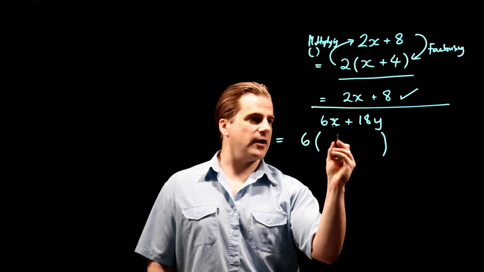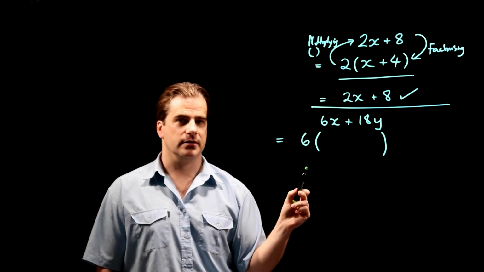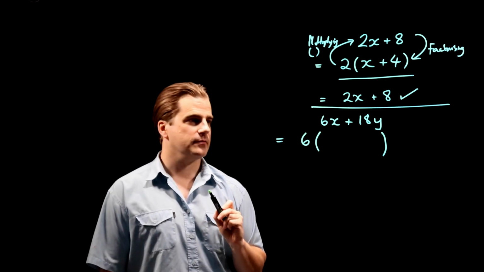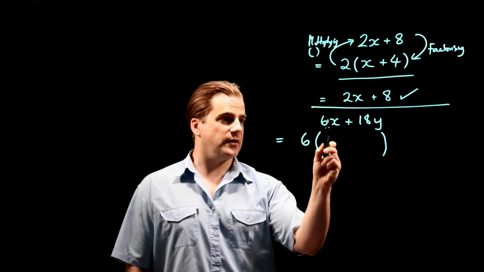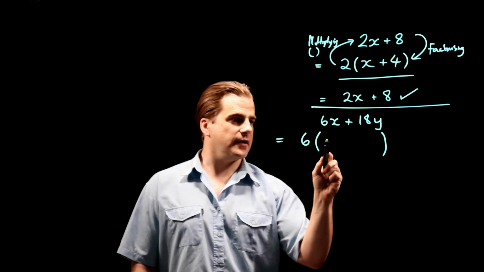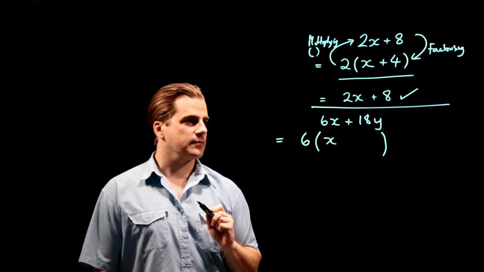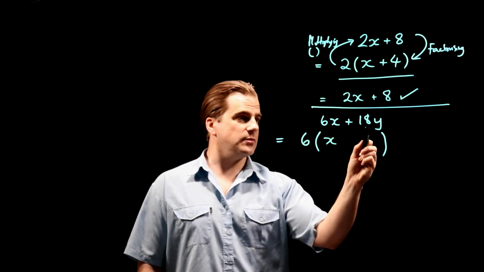Then you look at the variables, x and y. They're different. They have no common factor. So we finish pulling stuff out. It's only 6. So now what do we write here? 6 times what equals 6x? 6 times x equals 6x. Same here. 6 times what equals 18y?